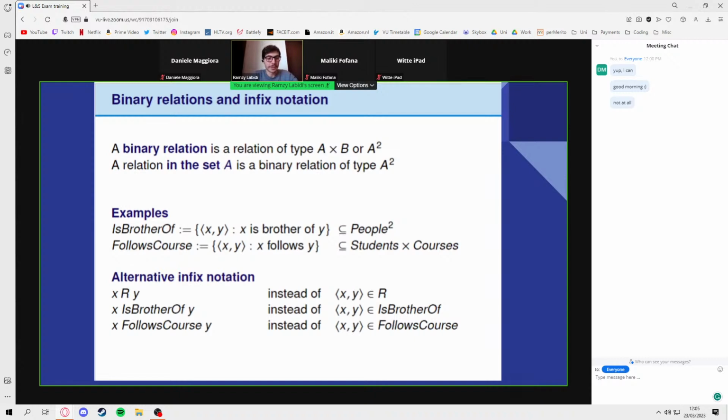Follows course is the same. It's a type of predication. We use it in English and any other language. When you say X follows course Y, then Y is always a course, ironically, and X is a person, a student. And the infix notation is basically putting the predicate in the middle, which is closer to natural language in terms of understanding.